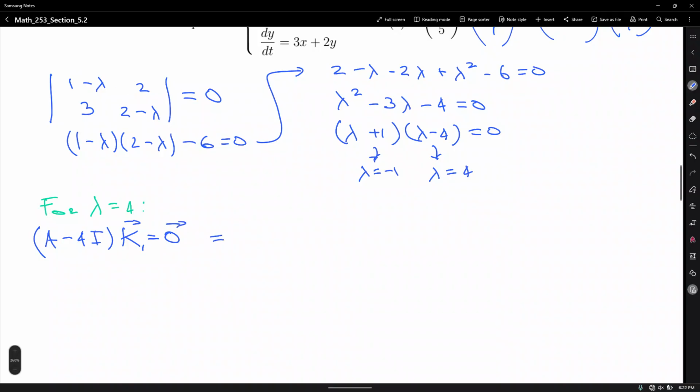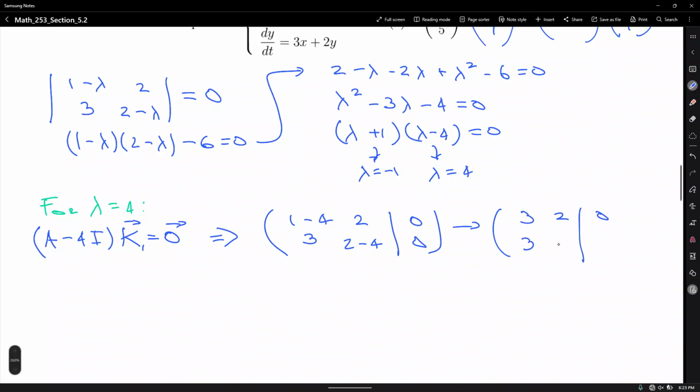That means 1 minus 4, 2 minus 4, and then 3 and 2 here. Augmented matrix with a 0 column on the right. 1 minus 4, that's negative 3, 2, 0, 3, negative 2, 0. Oh, this is supposed to be negative, right? Okay, negative 3.